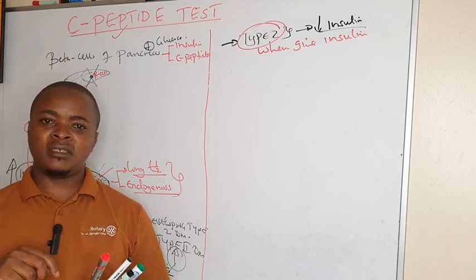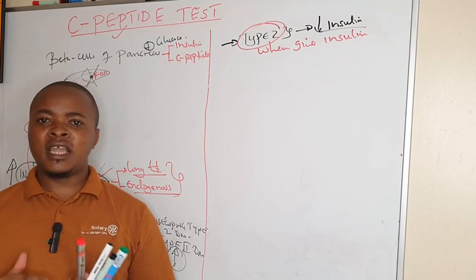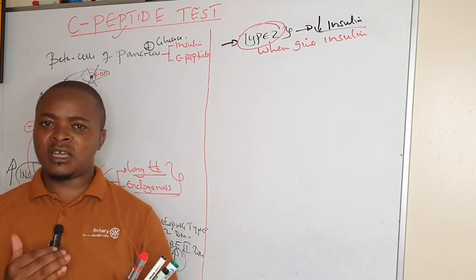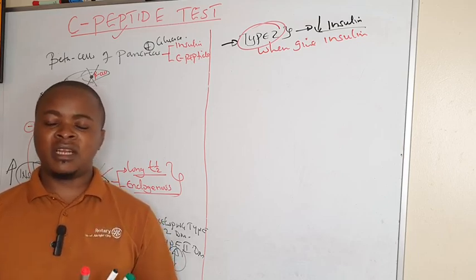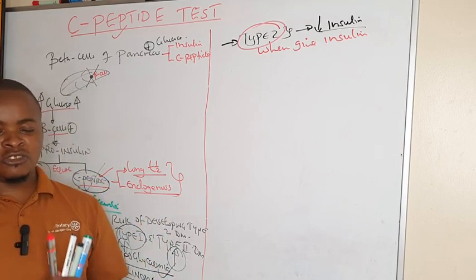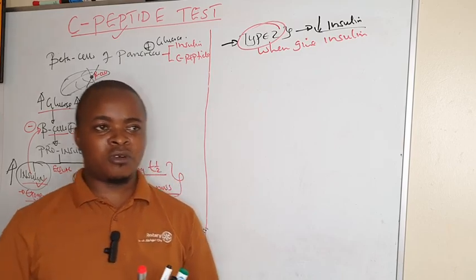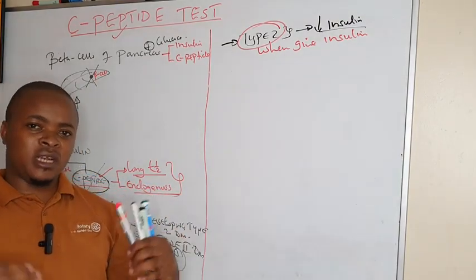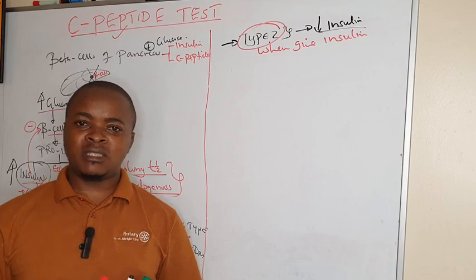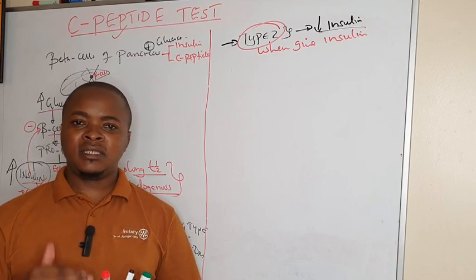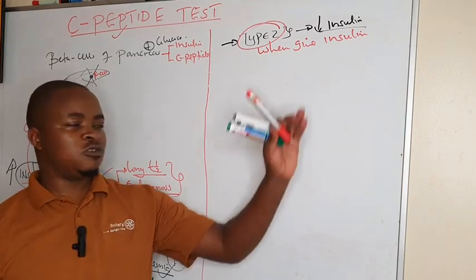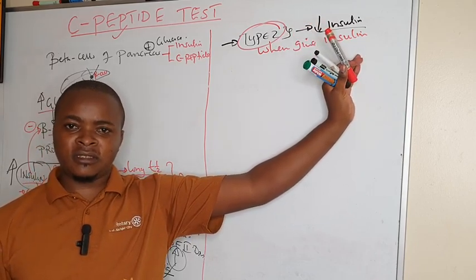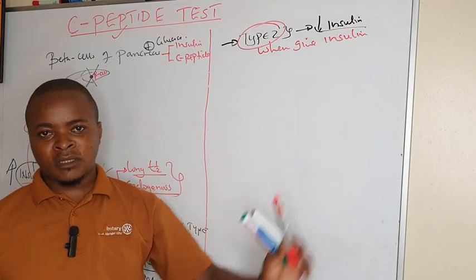And we can ascertain if the cause of hypoglycemia, that is low blood sugar, is due to high insulin levels, especially seen in the tumor of the pancreas that affects production of insulin from beta cells. Then lastly, we can also use it as a treatment marker to know the treatment plan in type 2 diabetes, to know when we should give insulin in case of insufficient insulin. So those are the predicting values.